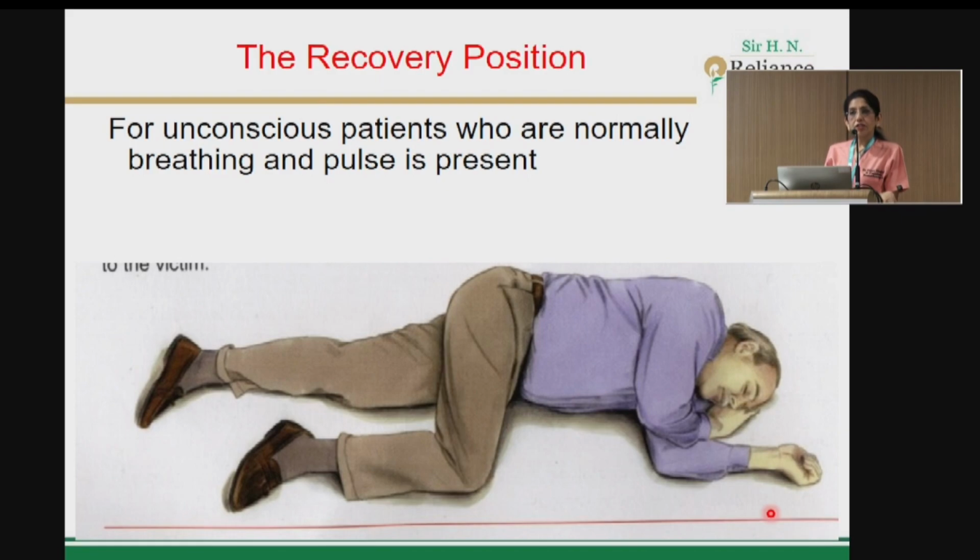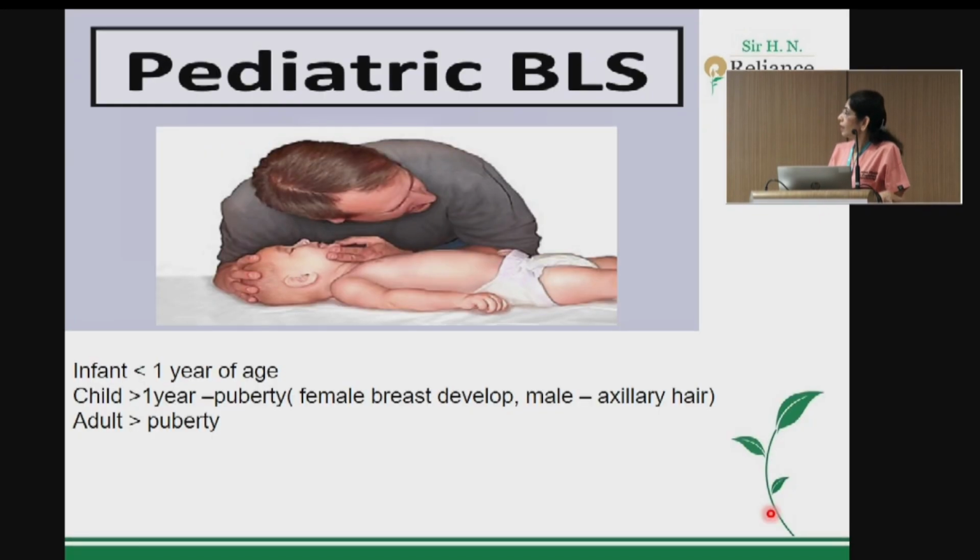Once you have achieved the return of circulation, or normal sinus rhythm has returned, then you place the patient in the recovery position, which is the left lateral. In case the patient vomits, he will not aspirate. That is the logic behind putting the patient in the lateral position.